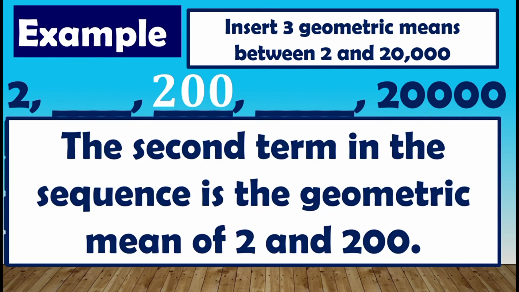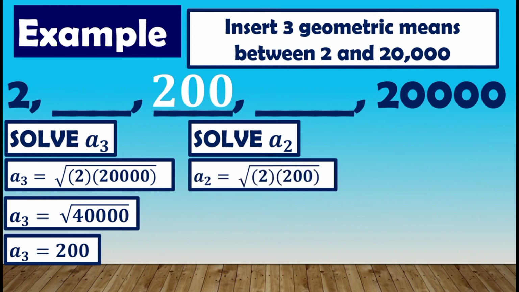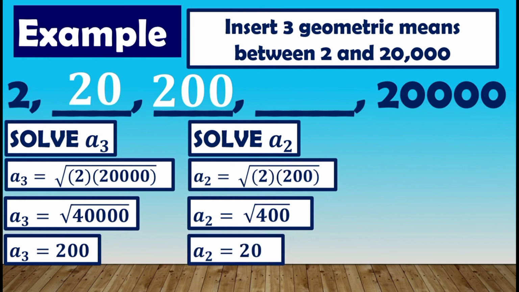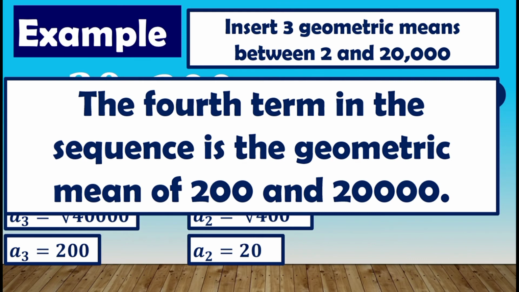Then let's solve for our second term, wherein second term in the sequence is the geometric mean of 2 and 200. So second term is equal to square root of 2 times 200, and that is equal to square root of 400. So second term is equal to 20. And for our fourth term, let's remember that it is the geometric mean of 200 and 20,000.